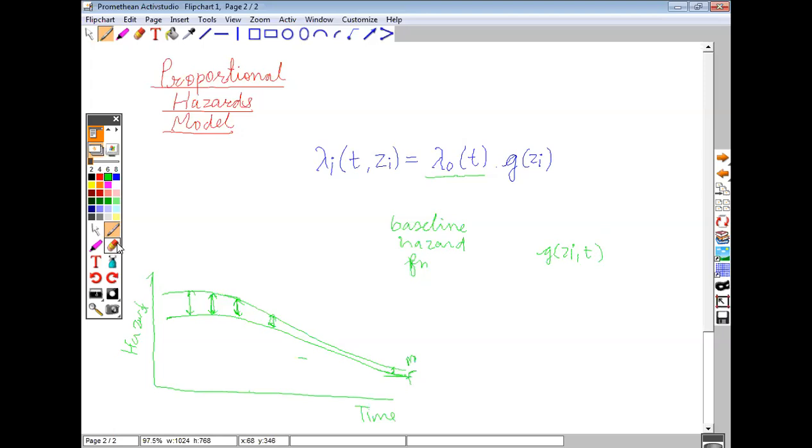But again, this is very complex, and we don't have these in the syllabus. So we'll only be restricting our analysis to the cases where I can devise these two functions, one that depends only on the time and the other that depends only on the covariate.